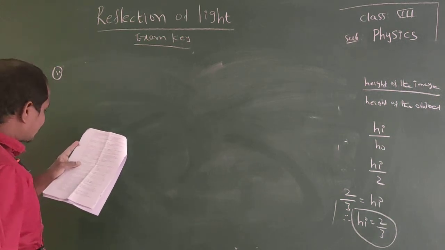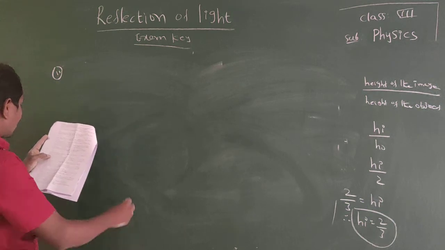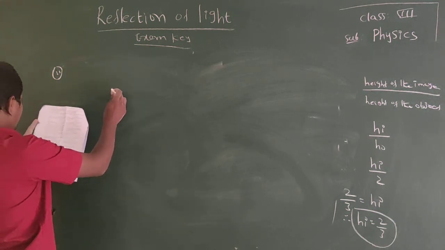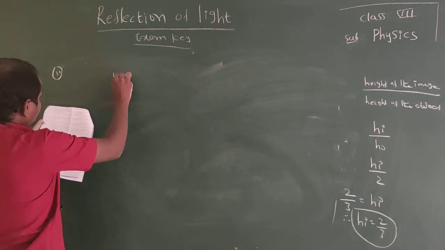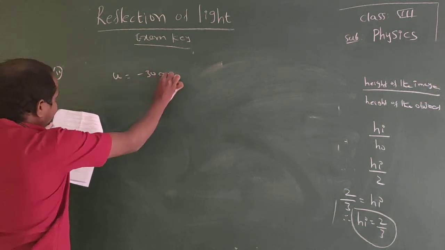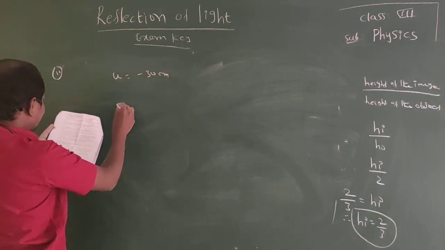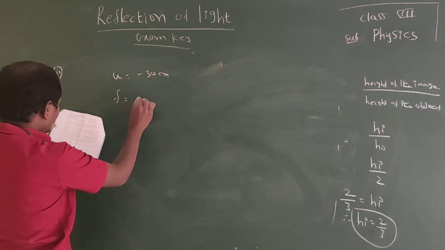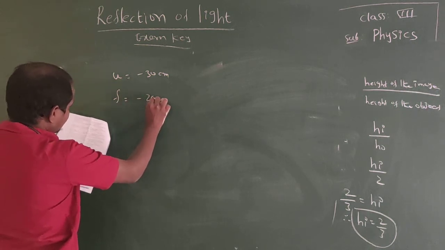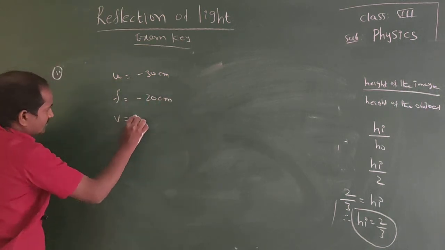An object is placed at a distance, for a concave mirror, u equal to minus 30 centimeters. Focal length f equal to minus 20 centimeters. Then find v.